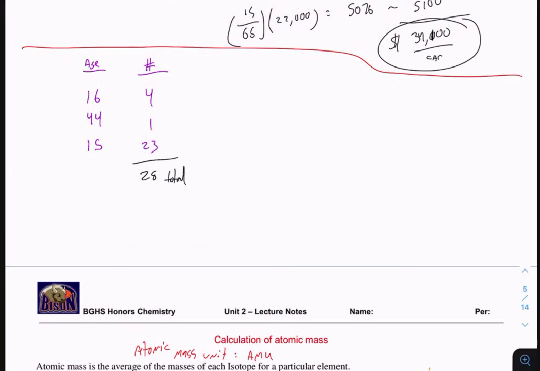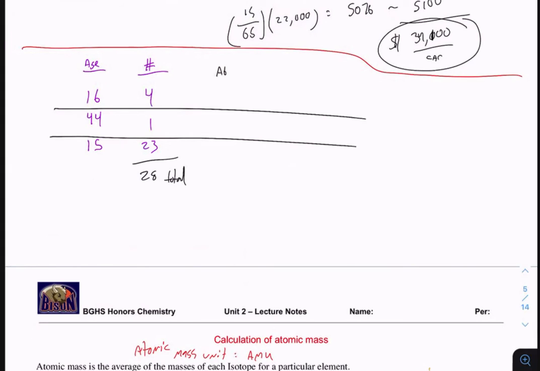So the abundances will be, for the first category, 4 out of 28. 1 out of 28. And then 23 out of 28. Okay, so those are abundances. And so you're just going to multiply these by the ages and get your subtotals.